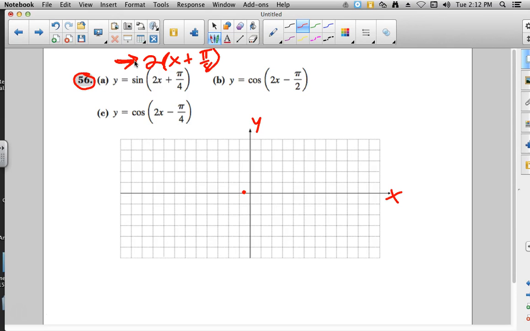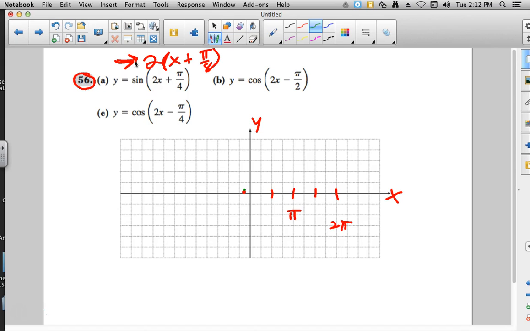But I want to keep in mind that instead of going all the way to 2 pi as an interval, now we're only going to go to 1 pi. And so what it really does is it kind of shrinks all the math that I was doing before. But here's my sine, and then we would go axis, high.